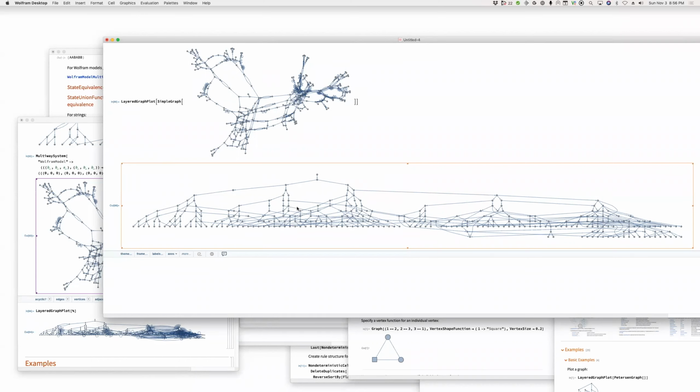I mean, if there was causal invariance, then we would see certain features of this multi-way system. You would see anywhere where there's a bifurcation, there's eventually a reconvergence. Which I think actually is true for this one.